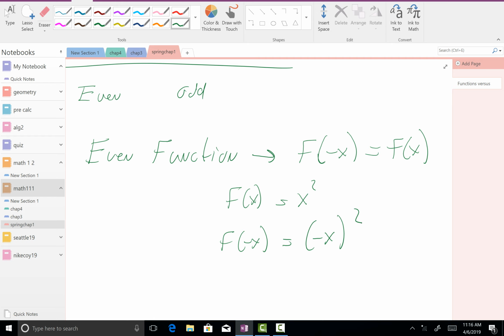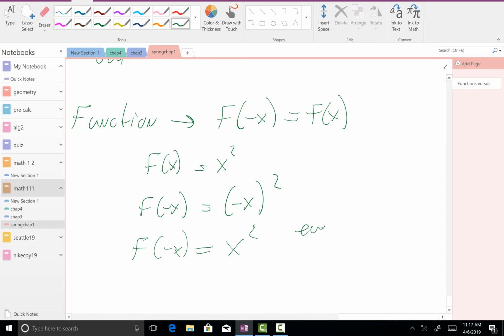If I square a negative, we're going to get a positive, right? So this is simply x squared, which is what we started with. So we say it's even.